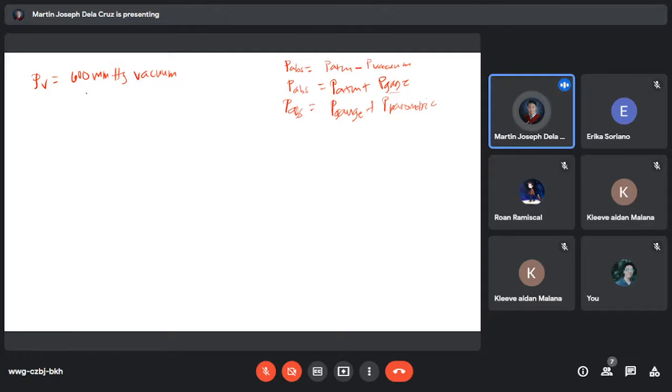So in here class, since we have 600 mmHg vacuum, so your P abs ng vapor natin is 760. Di ba we have in 1 atm, you have 760 mmHg minus 600 mmHg. So, times, since diretso ka na class, no?